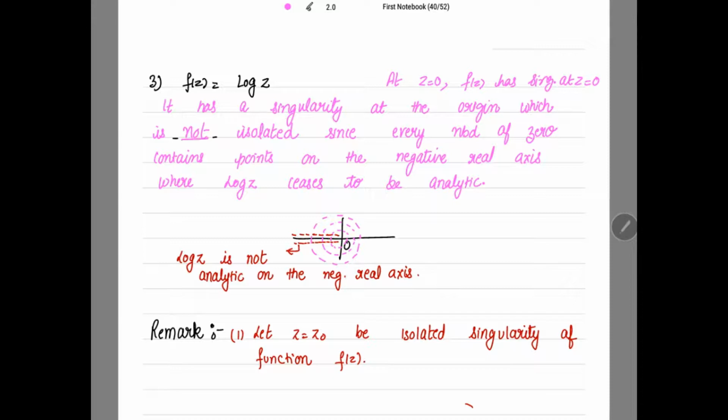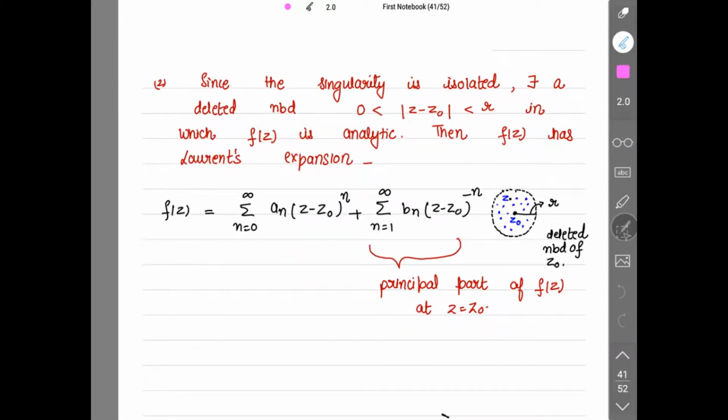Alright, now a remark is there. Let z equal to z0 be an isolated singularity of the function f(z). Since the singularity is isolated, there exists a deleted neighborhood, that is, 0 less than mod z minus z0 less than r, where z0 is a point having radius r, in which f(z) is analytic.